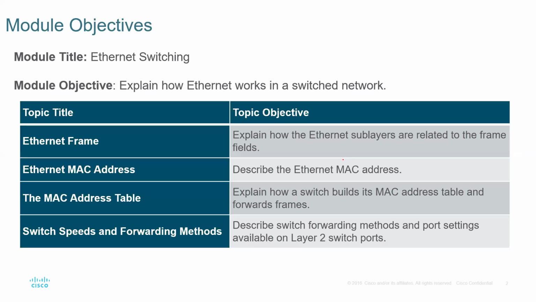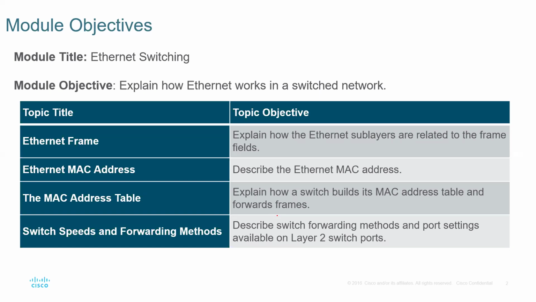Remember, we said the PDU is known as frame in the data link layer. We'll also be looking at the Ethernet MAC address, and we'll be describing it. We'll also be looking at the MAC address table, and we'll explain how the switch builds the MAC address table and forwards all these frames.